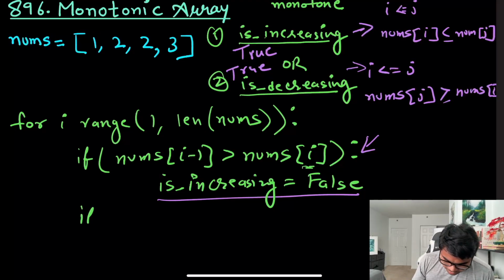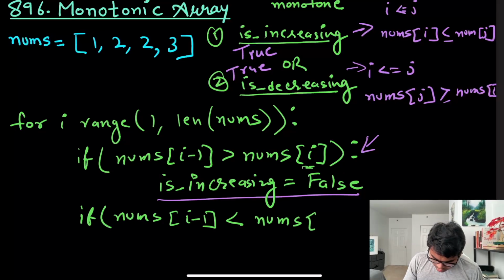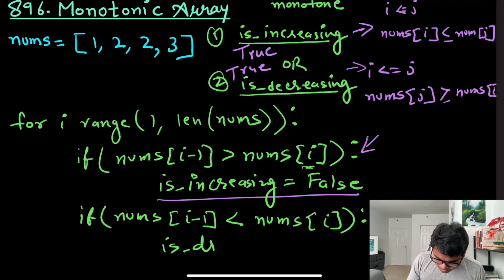And there is another thing that I'll check, for is decreasing. So I will say if nums at i minus 1 is smaller than nums at j, sorry, j is basically i, then my is decreasing will be false.